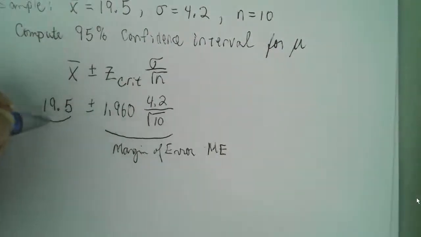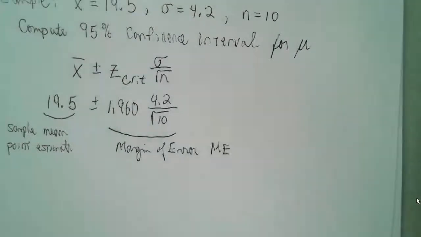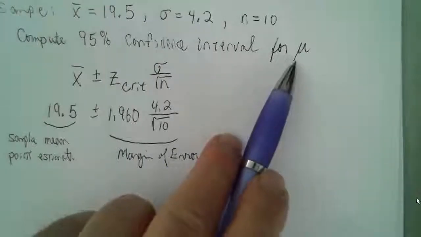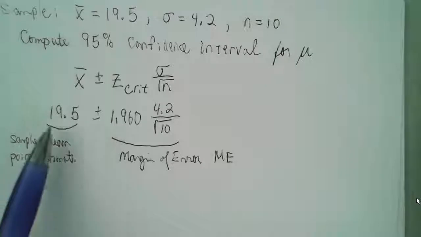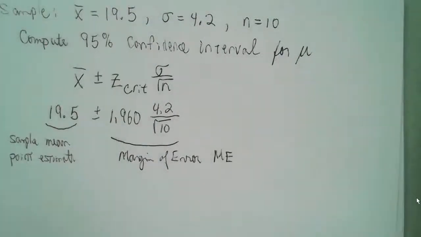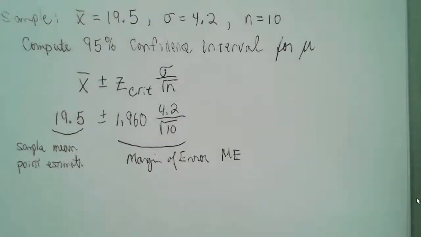And this right here is the sample mean. Some people call that the point estimate. What they mean is, if you got to give just one number rather than a whole range for your guess for mu, it would be x bar. So 19.5 is a point estimate, but 19.5 plus or minus the margin of error would be the range in which we think you could probably find the mean of the population.